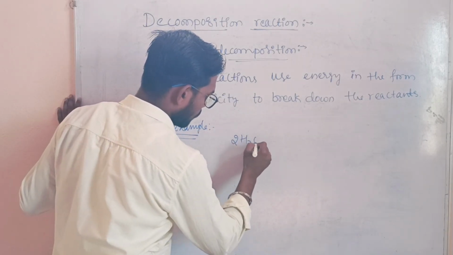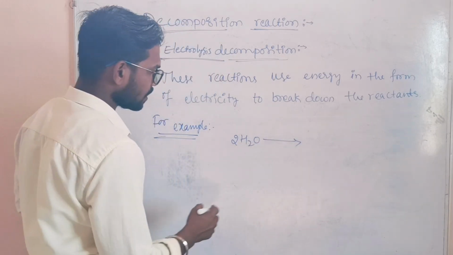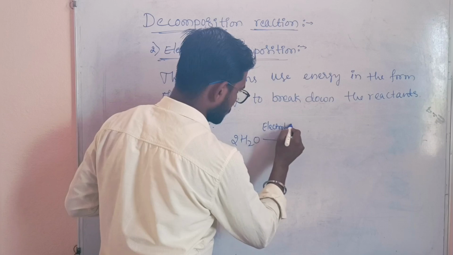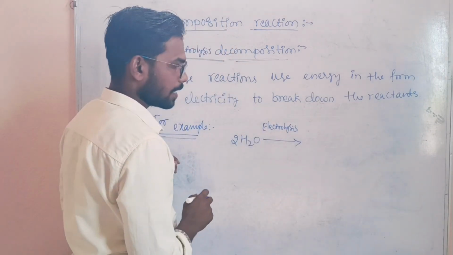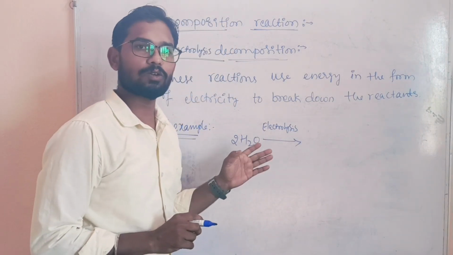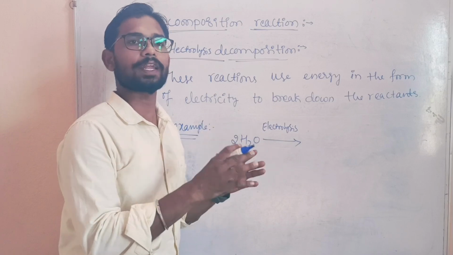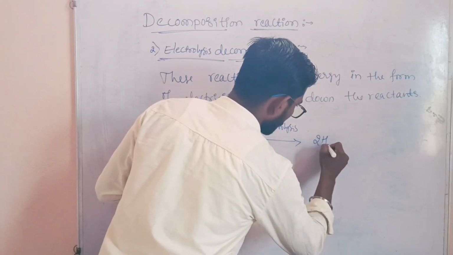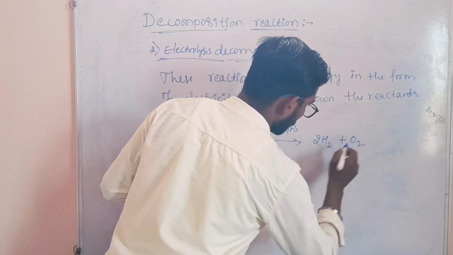two molecules of water are going to break down by the electrolysis process. Electrolysis means we are going to use electricity to break down the water molecule, that is 2H2O into 2H2 plus O2.